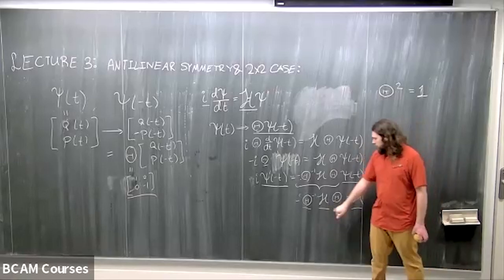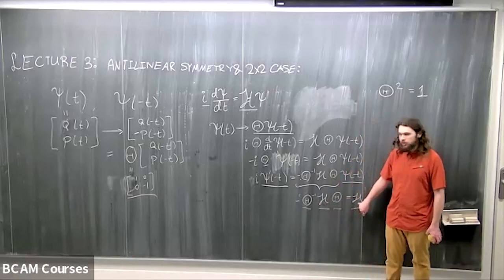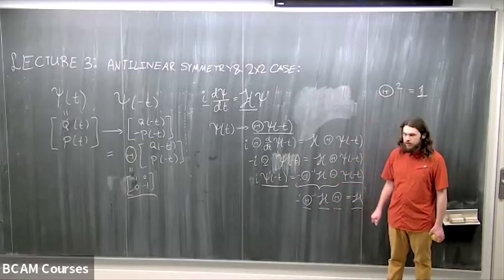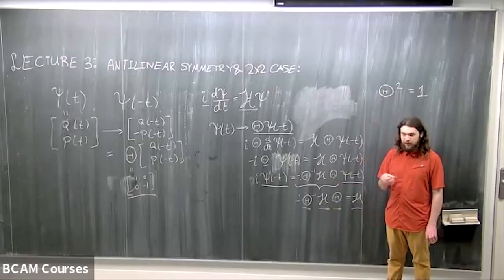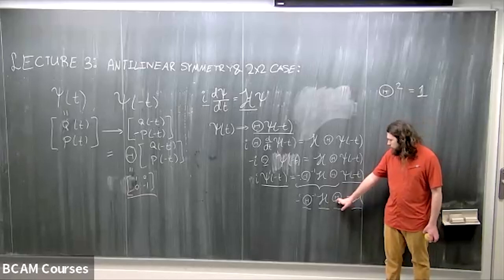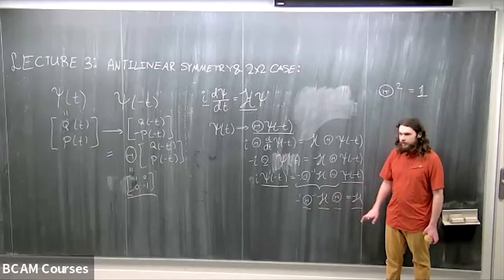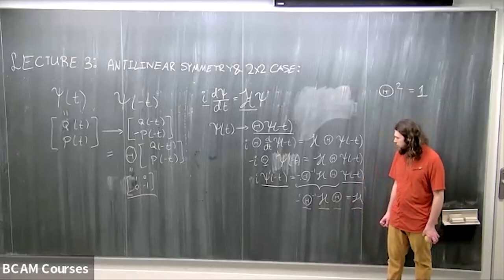This would imply that for every element of the spectrum here, negative that element is also contained in the spectrum. Whereas for many physical examples of Hamiltonians, the spectrum will often be bounded below. This is a typical physical constraint that we assume, that the spectrum of the Hamiltonian is bounded below, but not from above. And so for this constraint to be satisfied, that would violate this principle of having a Hamiltonian with bounded below, but not above spectrum.